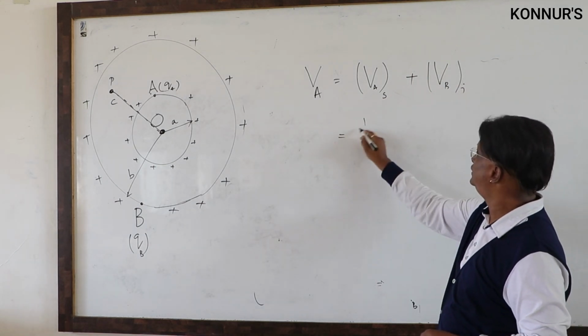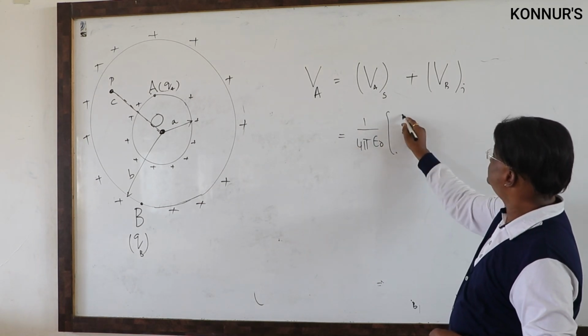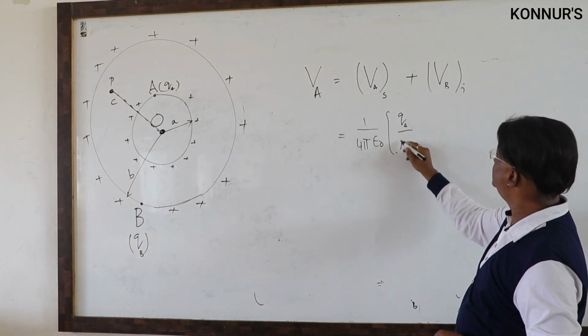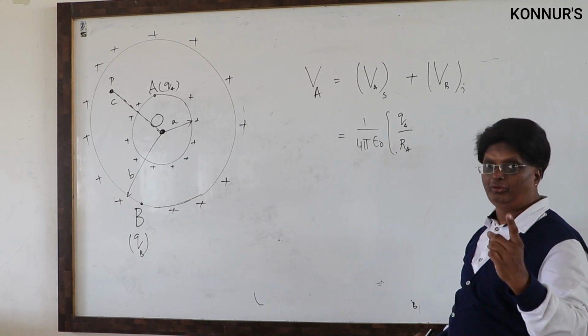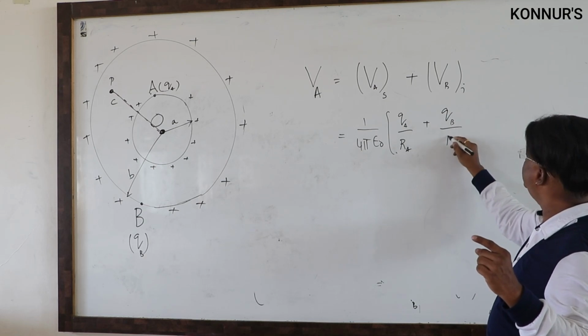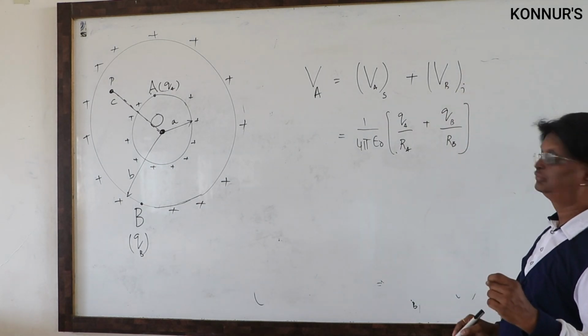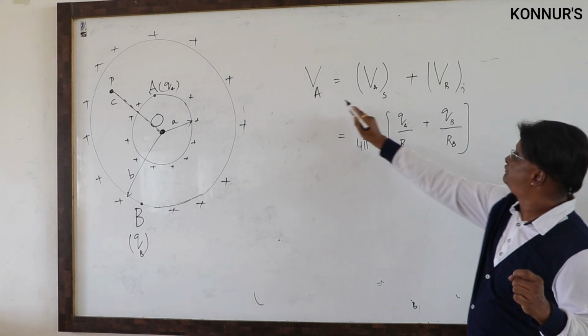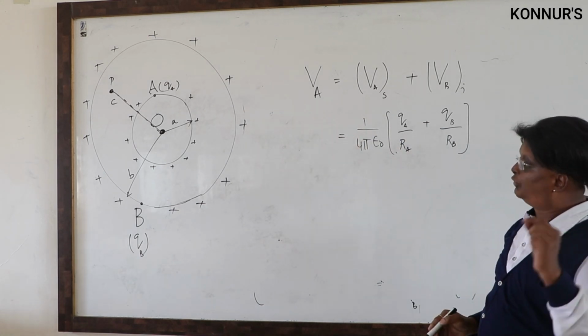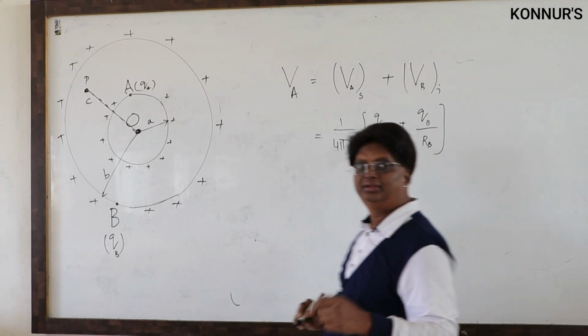Then in the expression, I am taking 1 by 4 pi epsilon naught as common. Therefore, it will be QA by RA, surface point, plus QB by RB, inside point for B. Right? So, this is V at A, the total potential at any point on the inner shell.